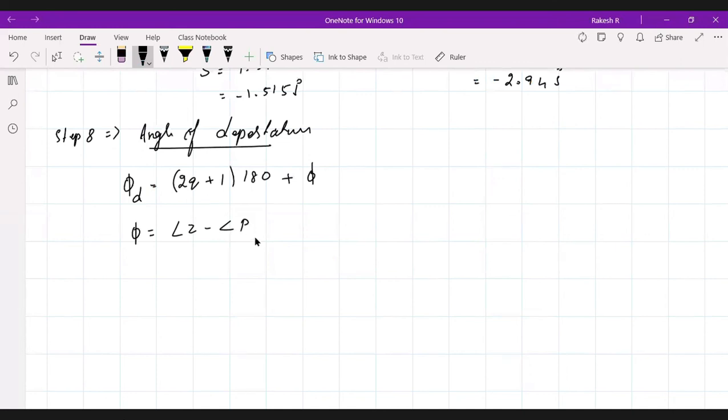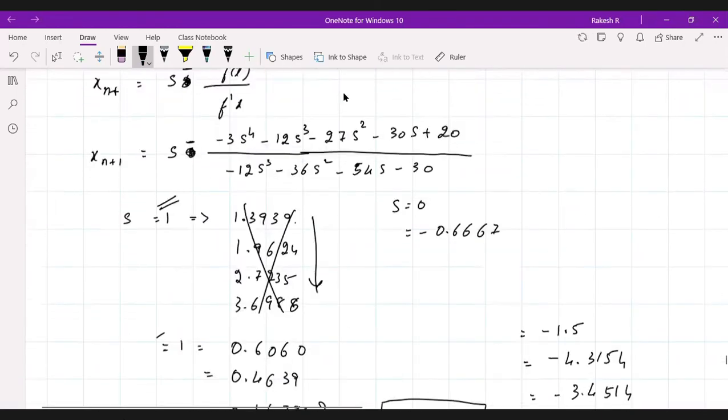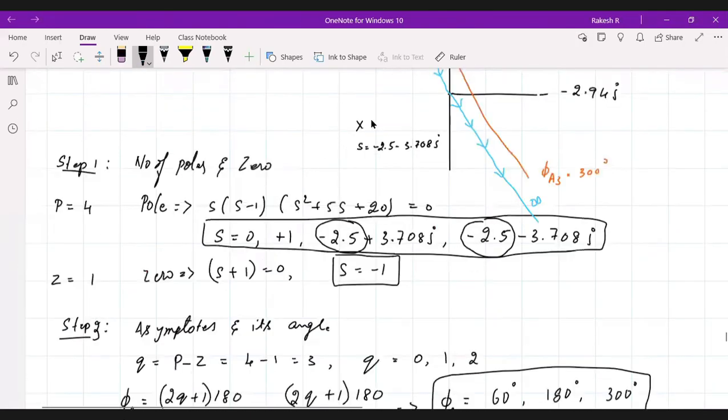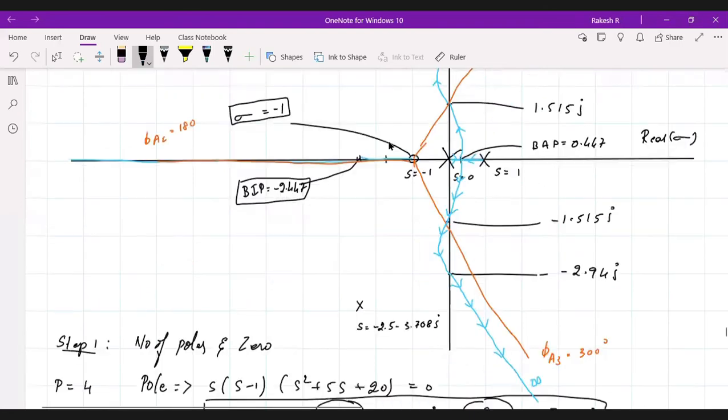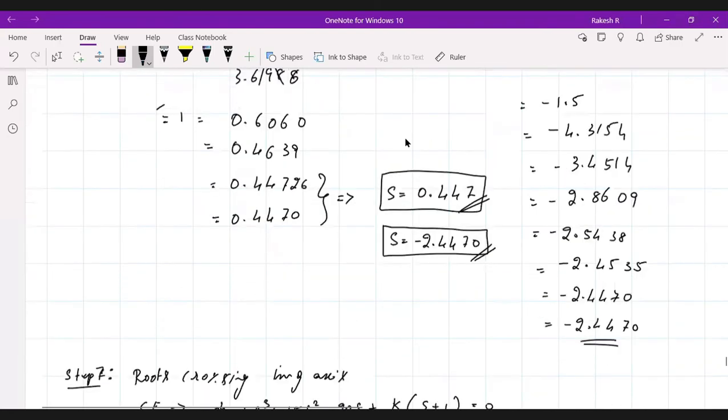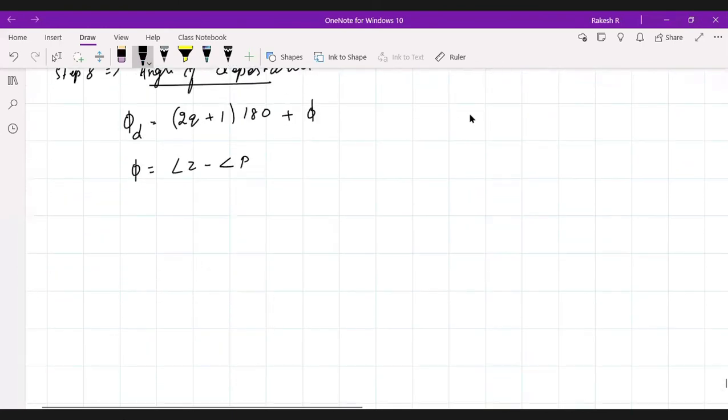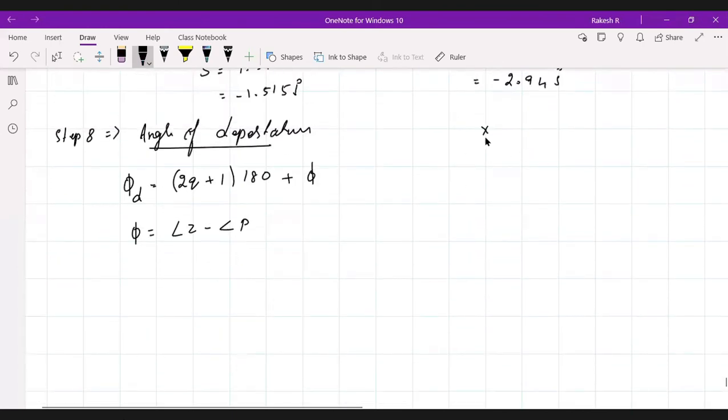So first, what I am considering? I am considering the top one, that is minus 2.5 plus 3.708 j, right? First I'll be writing that. I'll write it here so that it will be easy. Let us assume this is minus 2.5 plus 3.708 j, and similarly one more is here, minus 2.5 minus 3.708 j, right?